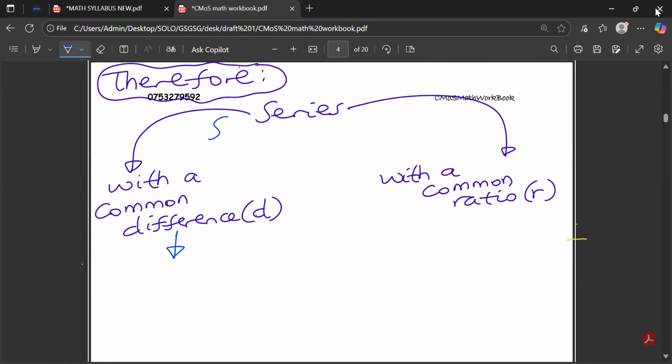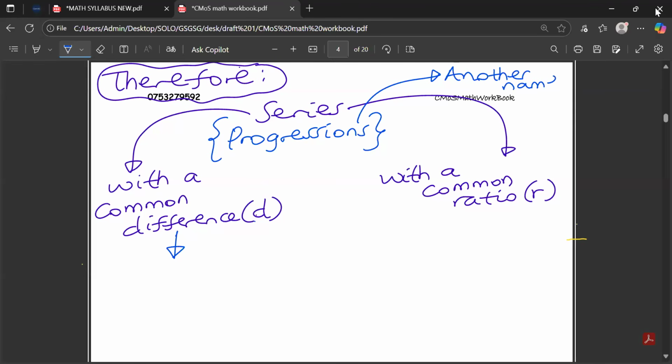Series are also called progressions, so that word progressions is another name for series. The ones with a common difference are the ones they call arithmetic progressions.